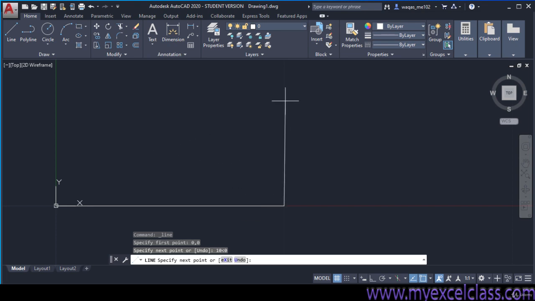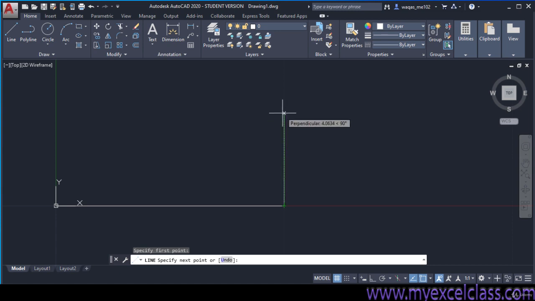So what will be the next point? Press escape, well, I want to complete it. I will click here, the first point will be here. And what will be the next point?